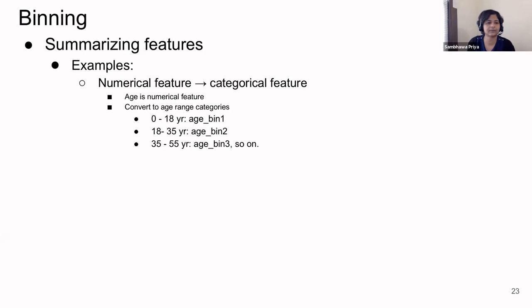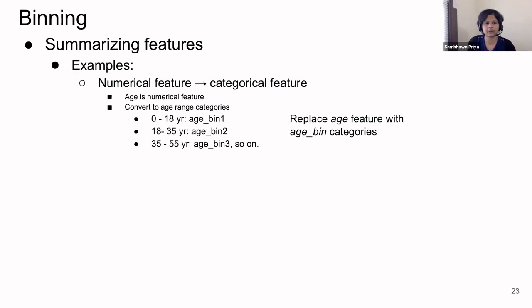So basically you replace the age feature with age bin categories. Again, you don't have to do it all the time, but this is when you need categories if you don't care about the exact age in years that you want to predict. It depends on your prediction problem, but in some cases this is also done.